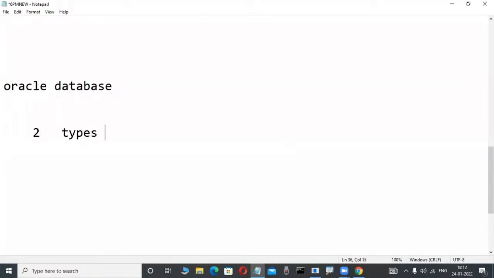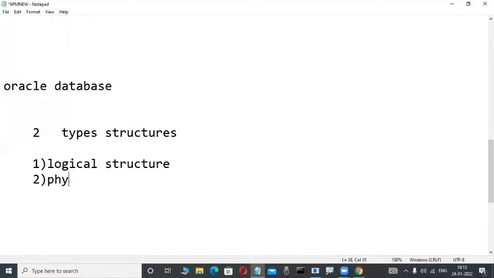One is the logical structure, and the other is the physical structure. What does logical structure mean?